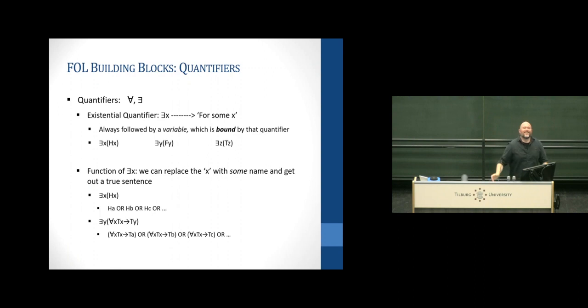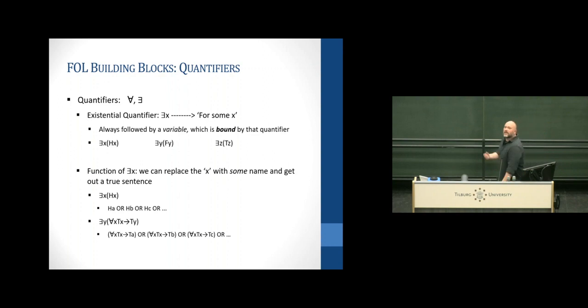It's the one that says for some. It's the one that says effectively, hey, there's at least one. So the function of the existential is that we can replace the associated variable with some object.